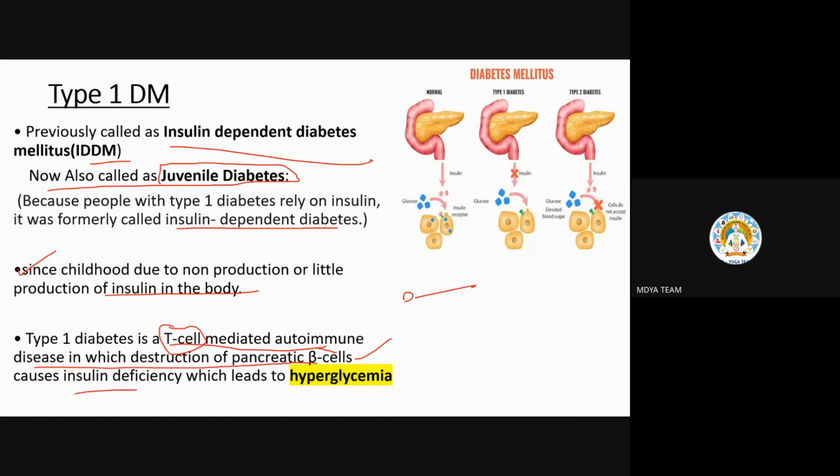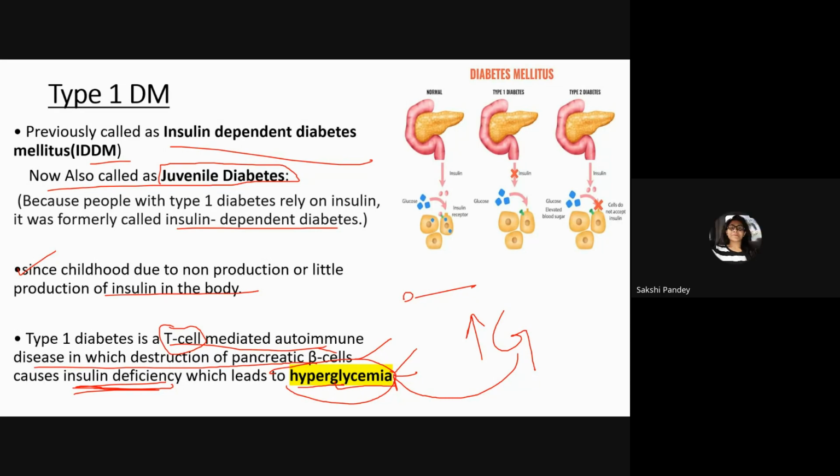Definitely, if beta cells are destroyed, insulin will not be released. So it causes insulin deficiency, which leads to hyperglycemia. What is hyperglycemia? By the name itself, we can understand: high glycemia, related to glucose. Because there is a deficiency of insulin, it leads to a high level of glucose in your bloodstream. This condition is called hyperglycemia, which means high glucose level. Very simple term. Understand?